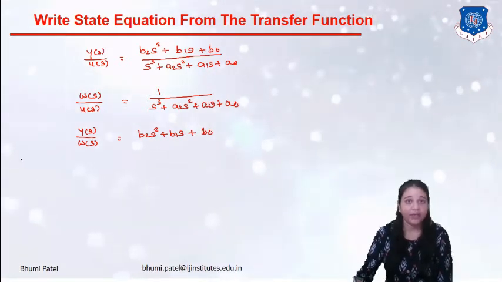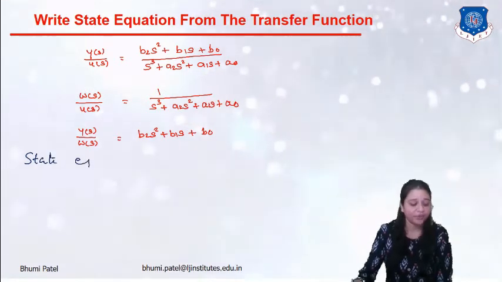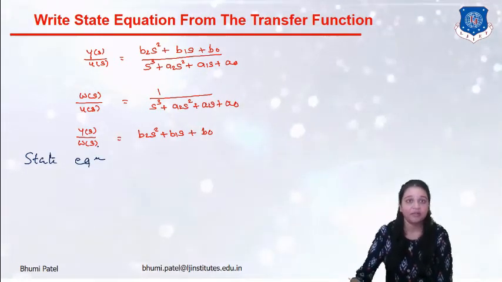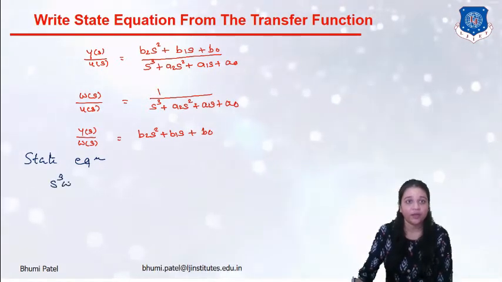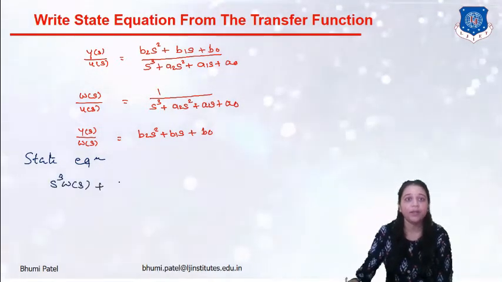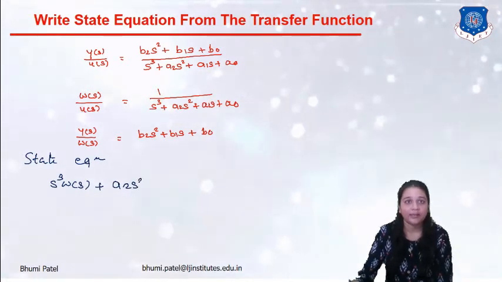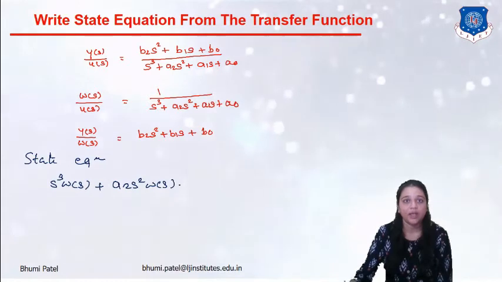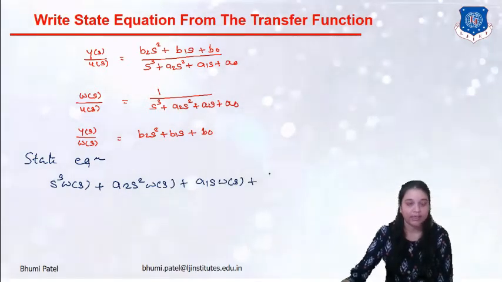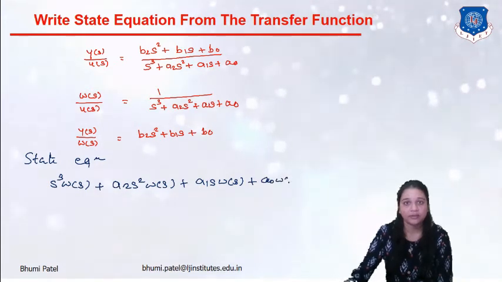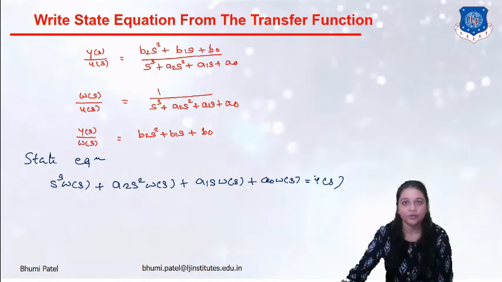Okay, now we have to write the state equation for this transfer function. So we can cross multiply this, we can get s cube W of s plus a2 s square W of s plus a1 s W of s plus a0 W of s is equal to U of s.